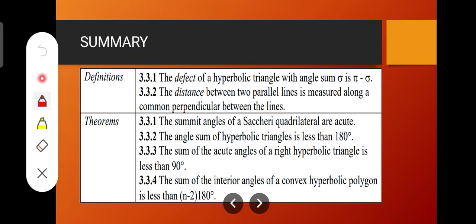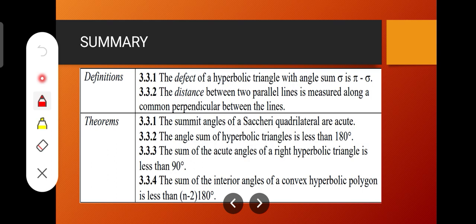So, the angle sum of hyperbolic triangles does not exceed 180 degrees, but must be less than 180 degrees. Then, theorem 3.3.3, the sum of the acute angles of a right hyperbolic triangle is less than 90 degrees. Since they are acute, their sum must be less than 90 degrees.